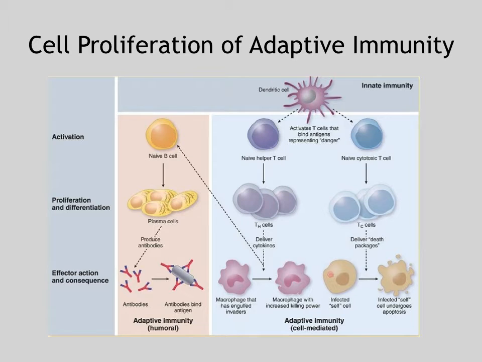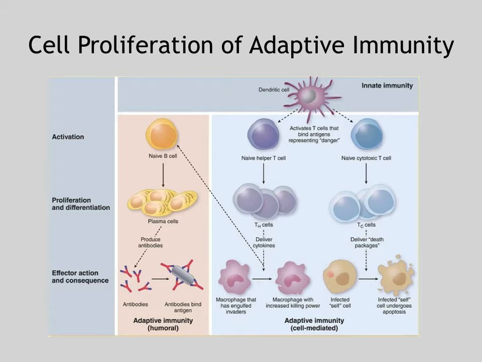Because the bacteria is foreign and phagocytized, and our dendritic cell has those pattern recognition receptors, one or more of those pattern recognition receptors gets bound or activated by something on that bacterial cell.